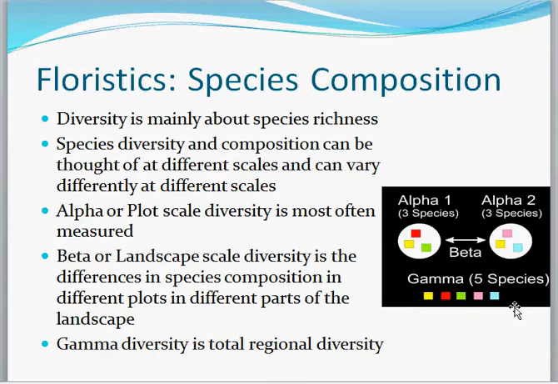So about 5,000 species in the Amazon basin, about 5,000 species in Central America and Northern South America, and we can also count the islands of the Caribbean as a different region with their own gamma diversity. Okay, so gamma diversity is the total regional diversity, and I'll talk a little bit more about that later.